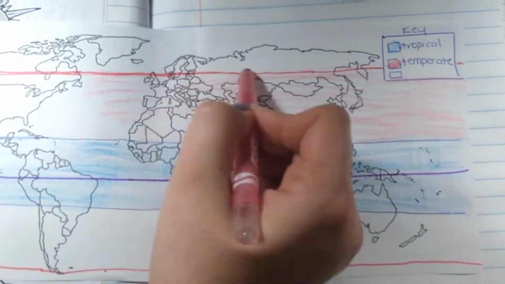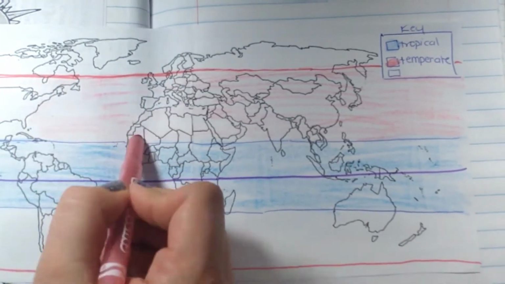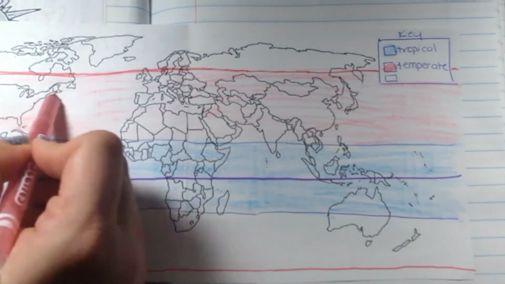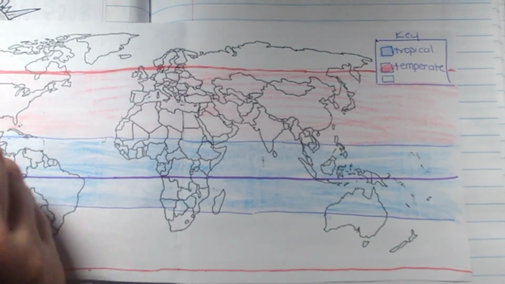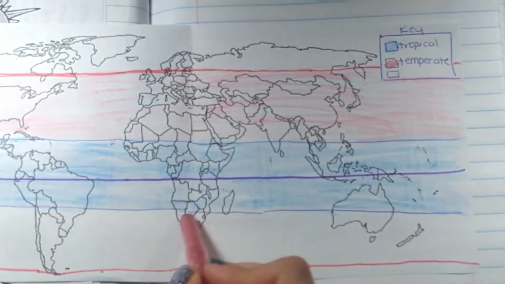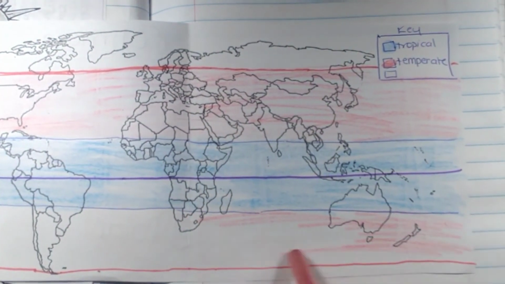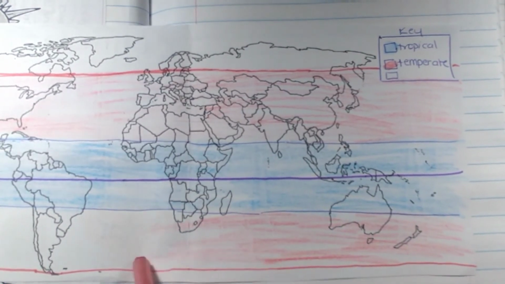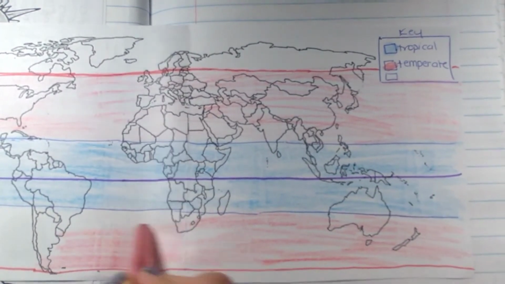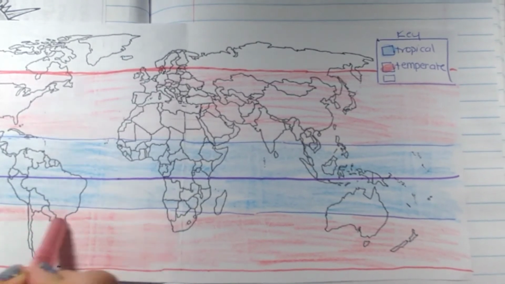So we're going to color this red. So that is our temperate region.